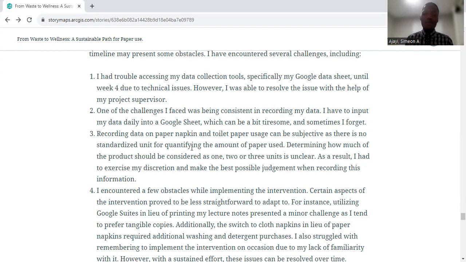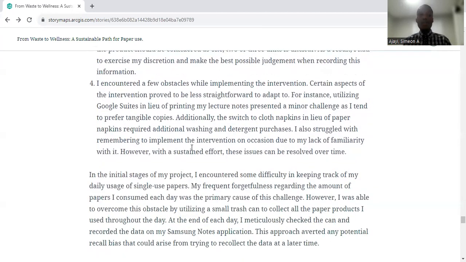So determining how much of the product should be considered as 1 unit or 2 units or 3 units remains unclear. As a result, I've had to use my discretion and make the best possible judgment when recording this information.